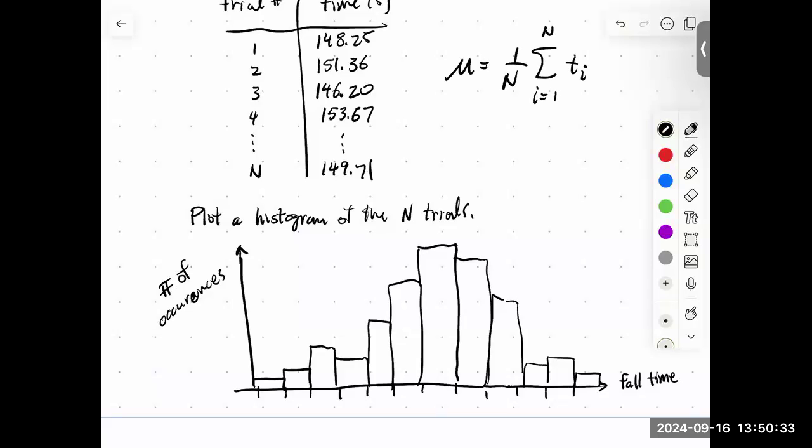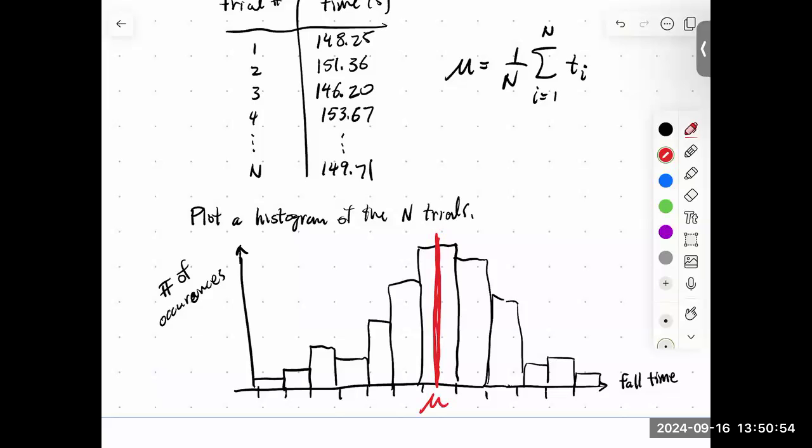That would be the mean value, and the mean should sit right in the center. If your uncertainties are really random, your distribution should be symmetric, and the mean should sit at the peak.